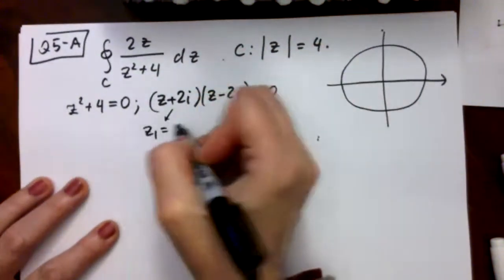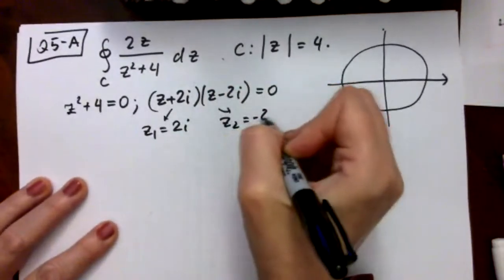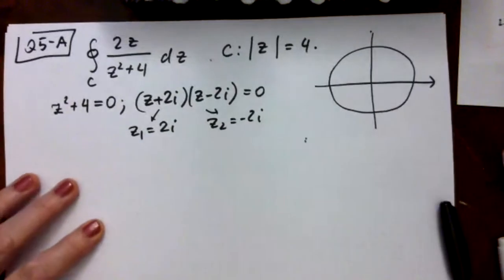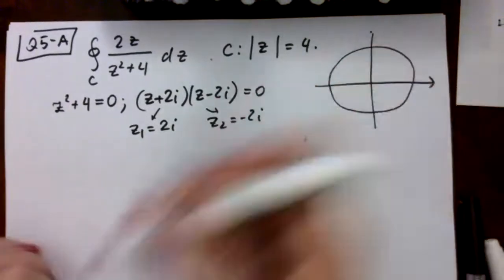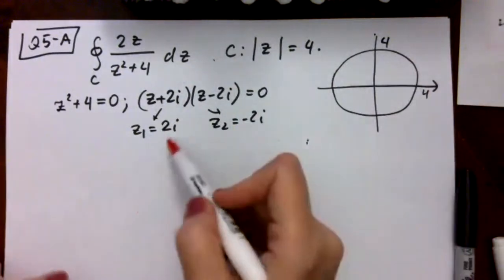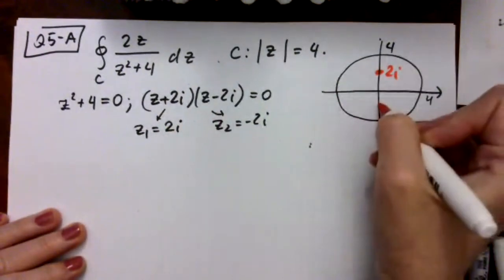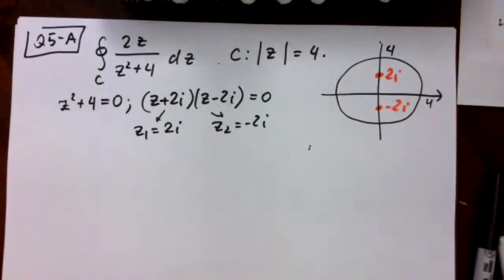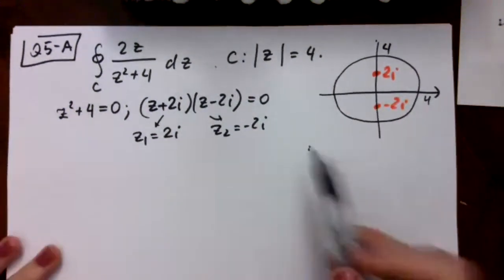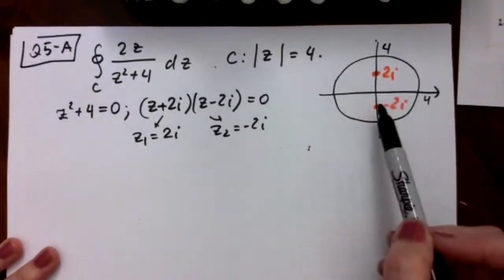So as a result, you have two singularity points, 2i and minus 2i. Now we need to plot them. The radius is 4, as you remember. Where's the point 2i? 2i is somewhere here, and minus 2i is somewhere here. We have a very nice situation: both singularity points are inside our contour.